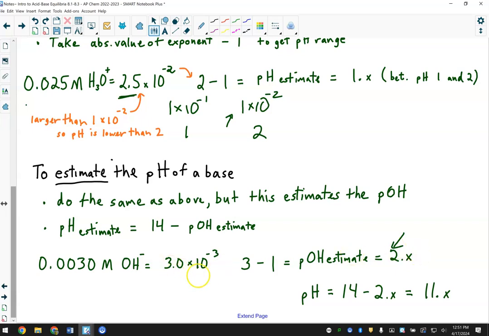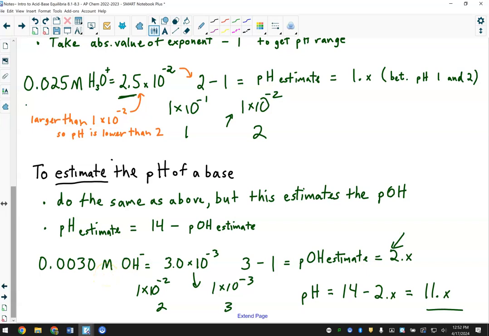Because this is somewhere between 1 times 10 to the negative second and 1 times 10 to the negative third, it's in here somewhere. So the pOH of this is going to be somewhere between 2 and 3, so it's going to be 2.x. Sorry, the pOH is going to be 2.x. So 14 minus 2.x will be 11.x.